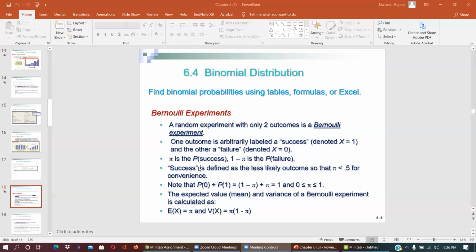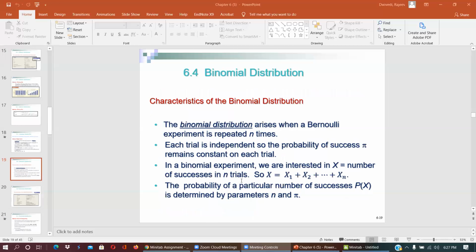So probability of 0 plus probability of 1 equals 1 minus pi plus pi equals 1. So pi is between 0 and 1, or it can be 0, it can be 1 also. What is the expected value in this? The expected value is pi.